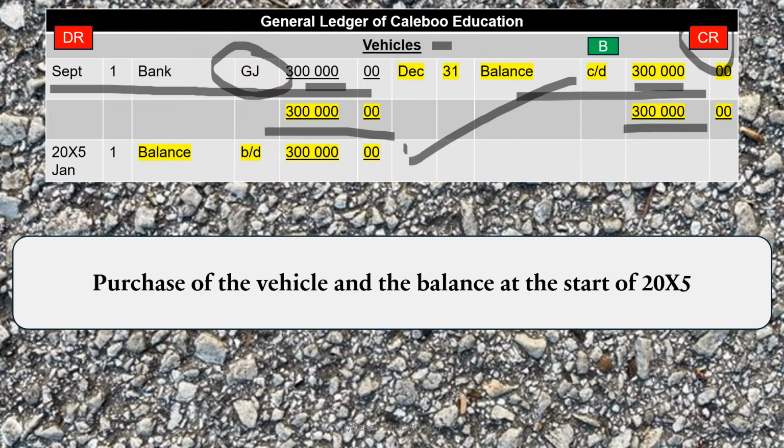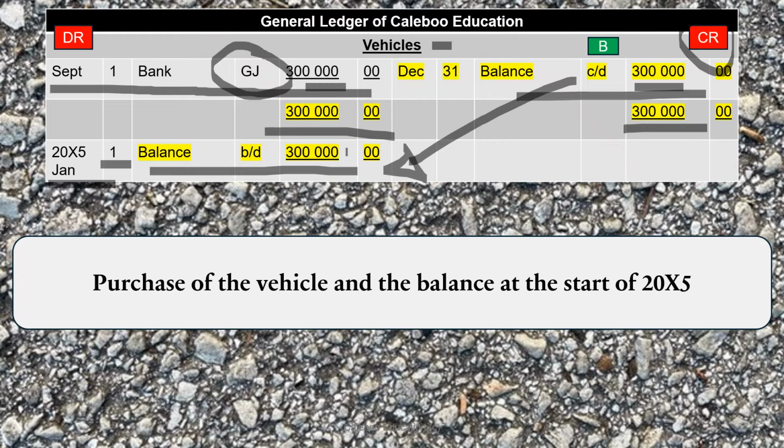And then the first day of the next month, which happens to be, we balance this at the start of 2005. So 2005, January 1st, the balance in our vehicles account is $300,000, meaning that we have vehicles to the value of $300,000.